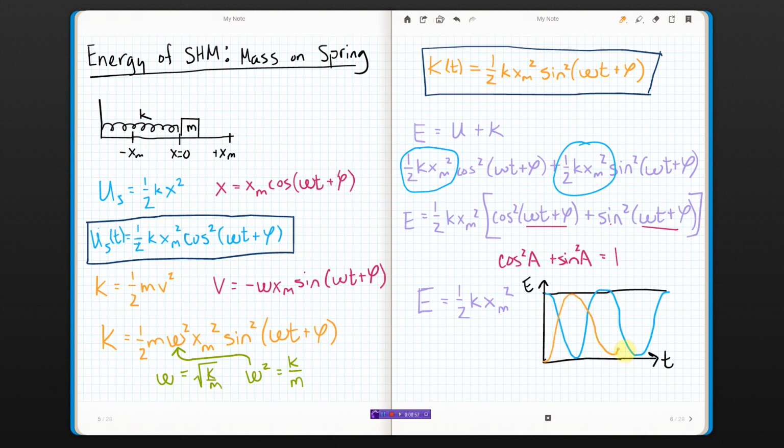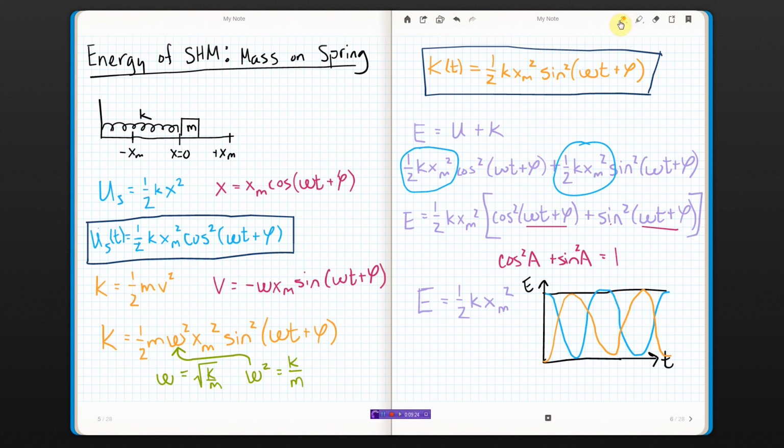Like that, okay? Notice both of these are always positive quantities. There's no place to put a negative in here. There's no place to put a negative in here. And when you add these together, you always get the total energy, which is the black line right here. Okie dokie.